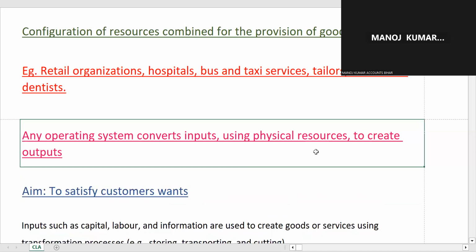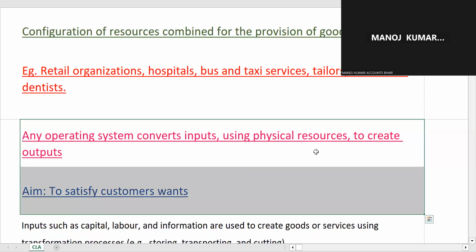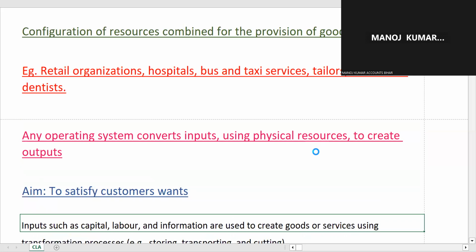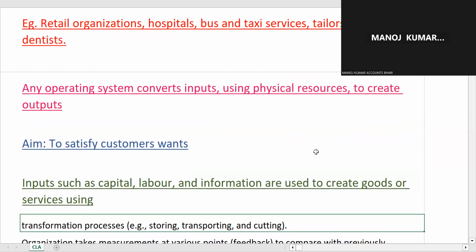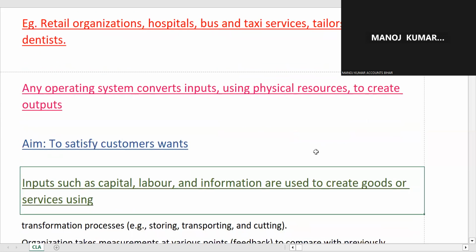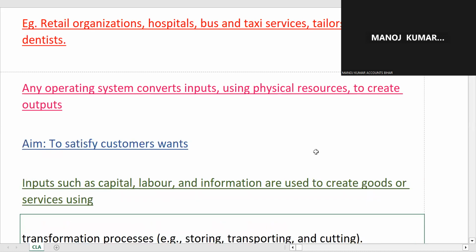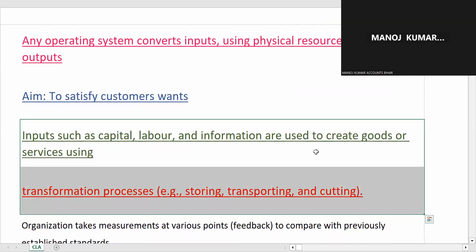Any operating system, its aim in the end is that customer should be satisfied. Okay, right. So then inputs such as capital, labor, information are used to create goods or services using transformation process. Now, what does this mean?